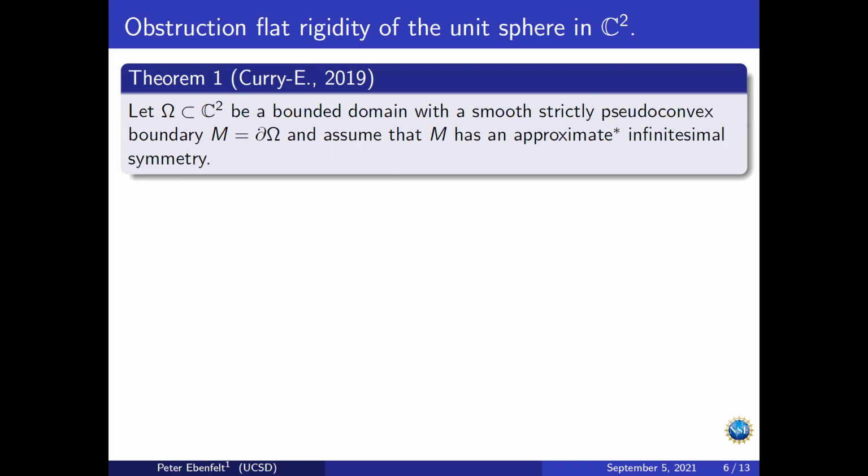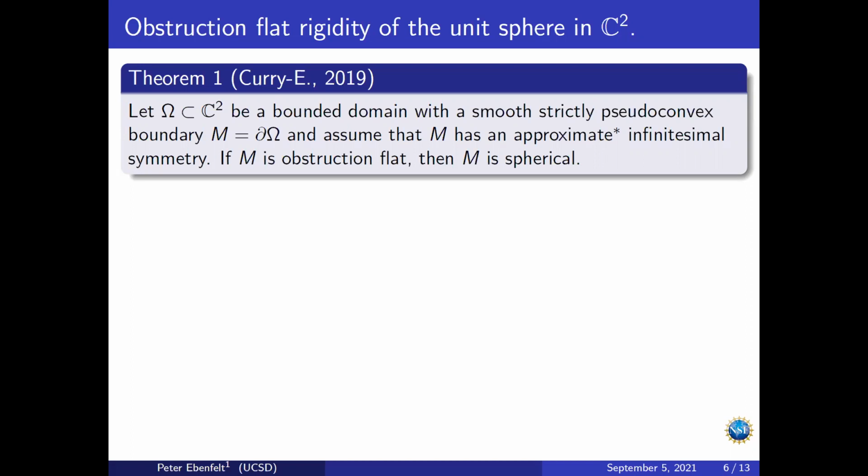Suffice it to say, if you have an actual infinitesimal symmetry, then it has an approximate infinitesimal symmetry. If you take something that has an infinitesimal symmetry and you deform it a little bit, it has an approximate infinitesimal symmetry. For instance, if you take the standard unit sphere and you deform the CR structure a little bit, you still have an approximate infinitesimal symmetry.